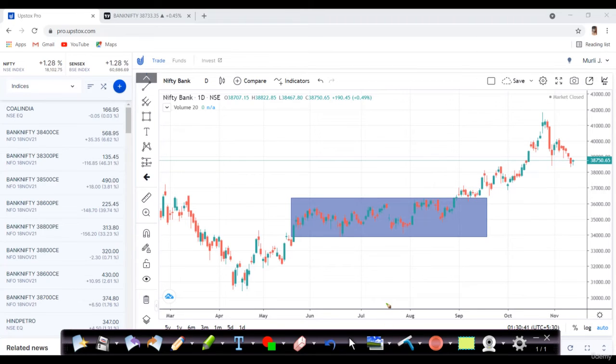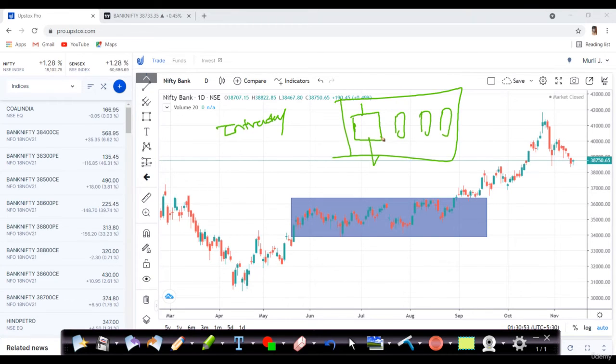Now, when to use the Darvas box? For intraday, I'm not suggesting the Darvas box, because in intraday, just check for an inside bar candlestick with more candles inside, which itself acts as a Darvas box indirectly.